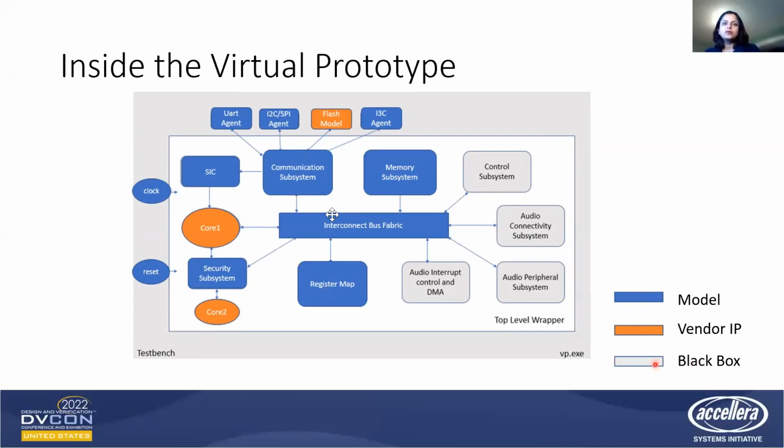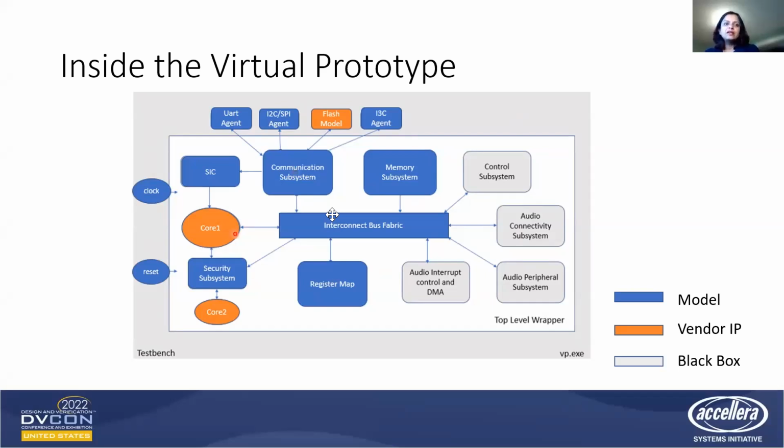The gray bar shows those models whose functionality was not targeted, hence they are black boxes. So our in-house tool uses SoC data and dependent libraries to generate the interconnect bus fabric, the register maps, and black boxes of all the design sub-blocks, along with appropriate connections.